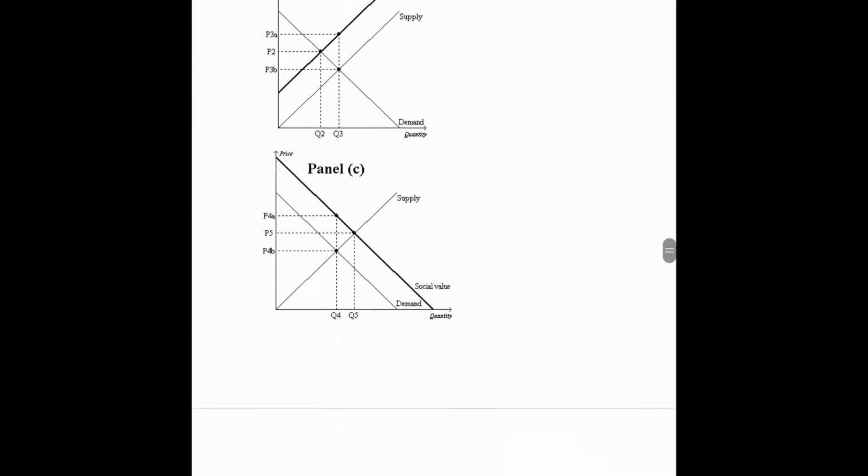Question 13. So first of all, there are just a few things we should note before I move on to answering the question. The social cost being higher means this is a negative externality.